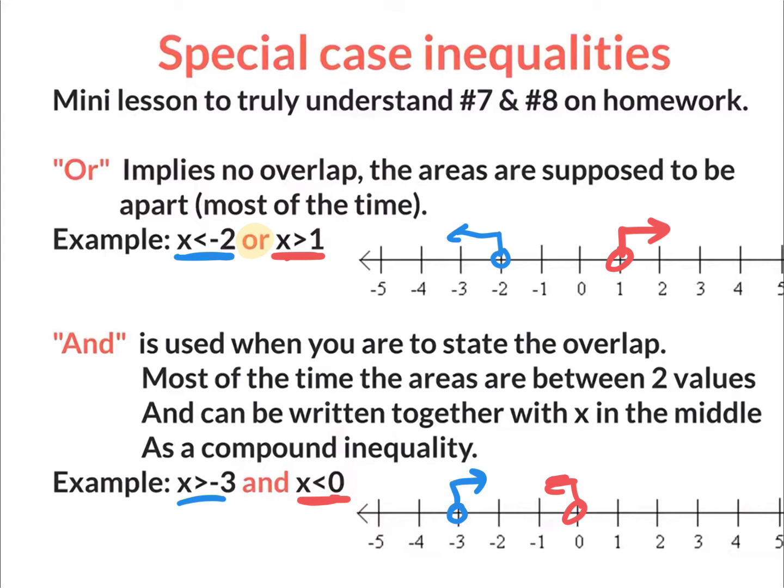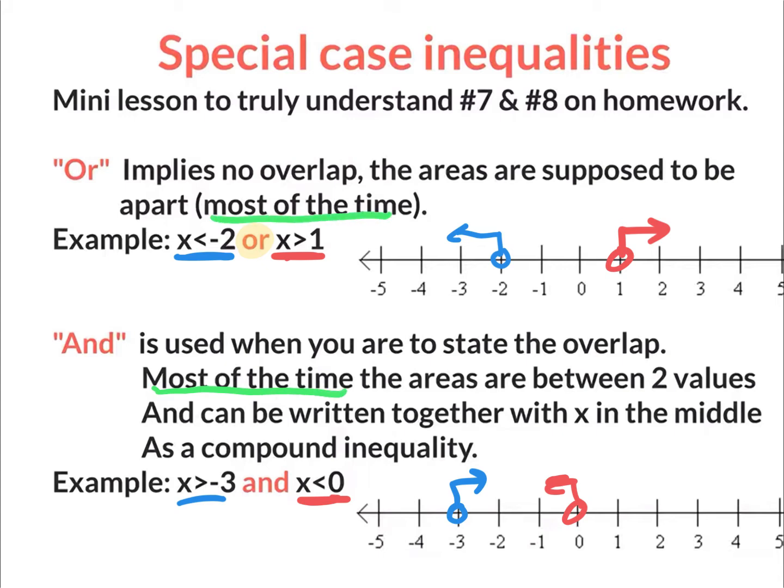That makes total sense because the word and most of the time implies the area that's between here and here, right? Or most of the time means apart and means that it's between here and here. Does that make sense? Now, that's what we've seen so far, and I do say most of the time, right?